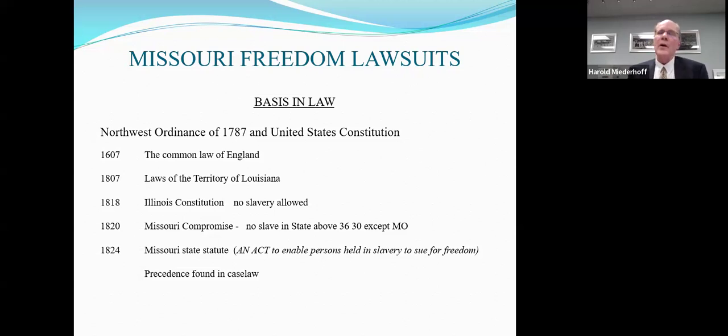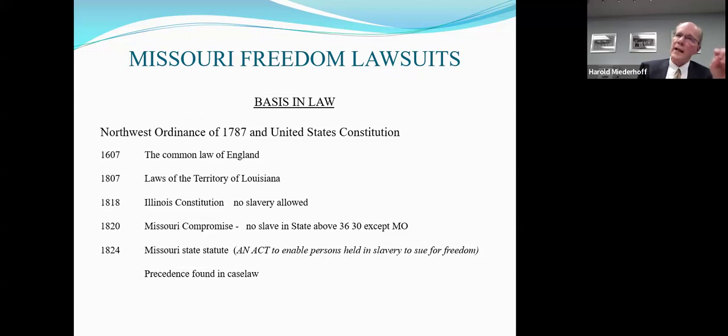Then because Missouri was part of the Louisiana Purchase, which was at one time owned by France and Spain, there were laws there that had to be respected as well. In fact, before we became a state, the Louisiana Territory had some laws written down in 1807 that applied to slavery as well.